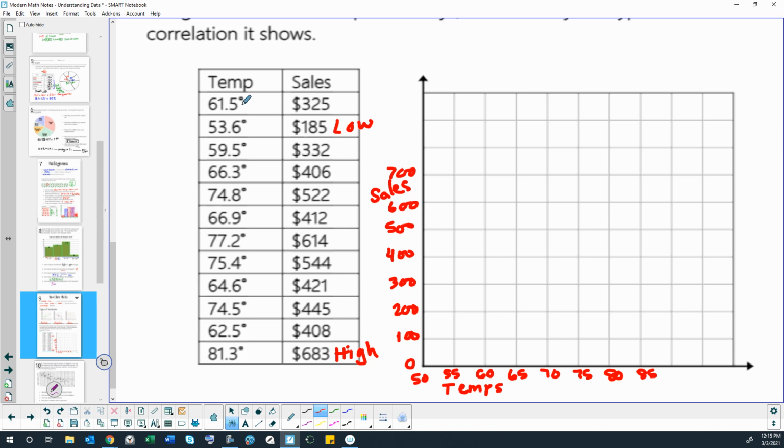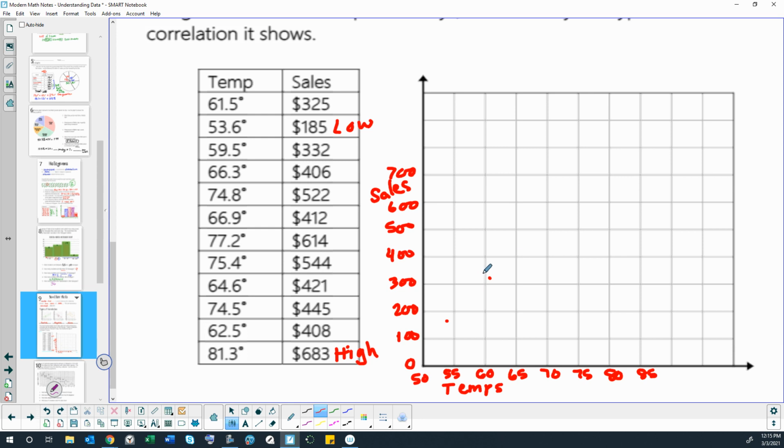So when the temperature was 61.5, let's figure out where that would be on our graph, just a little past 60. I'm not going to worry about this being incredibly accurate. It's just approximate. So I'm going to go a little past 60 and then go up to where I think 325 might be and just put a dot. 53 degrees and 185, maybe about there. 59 degrees and $332.